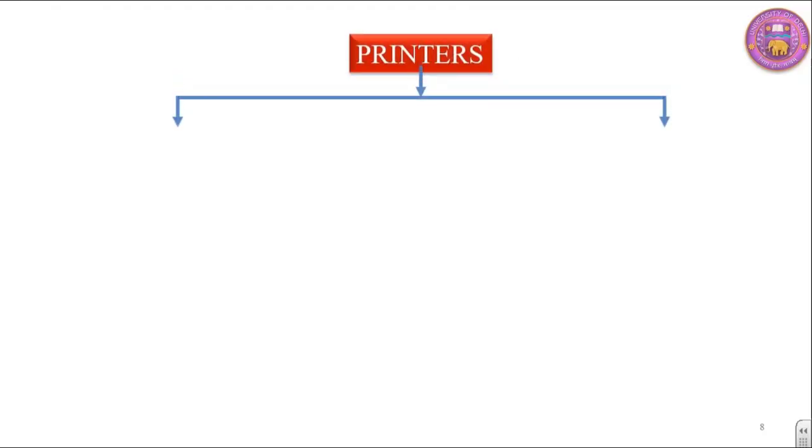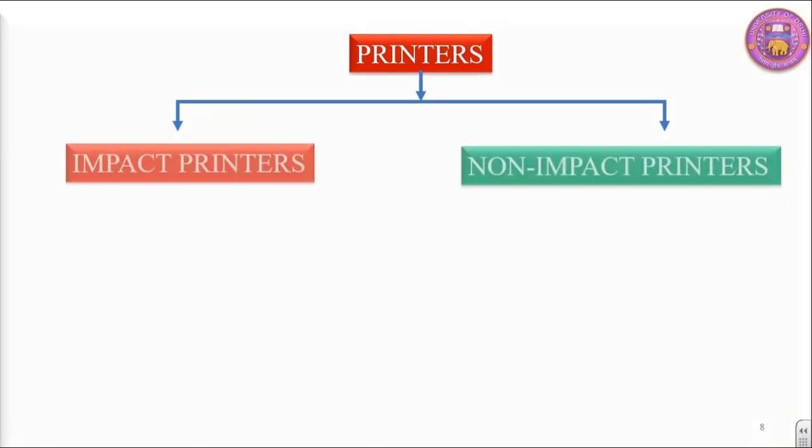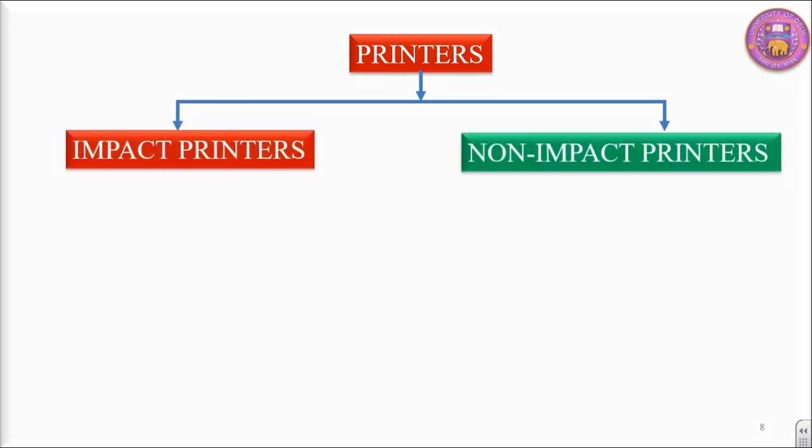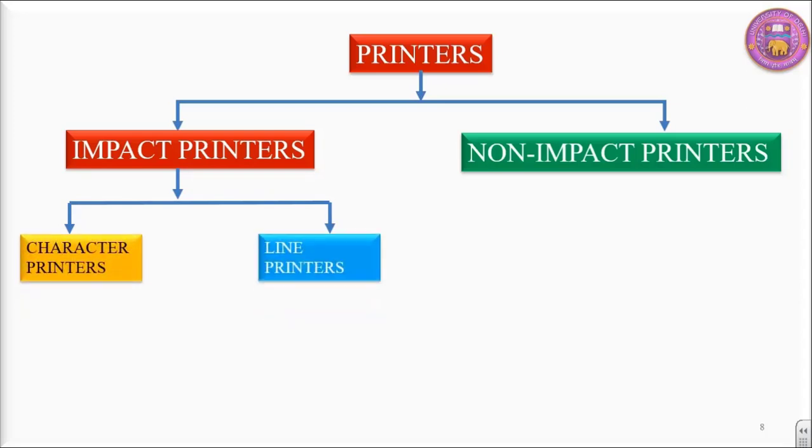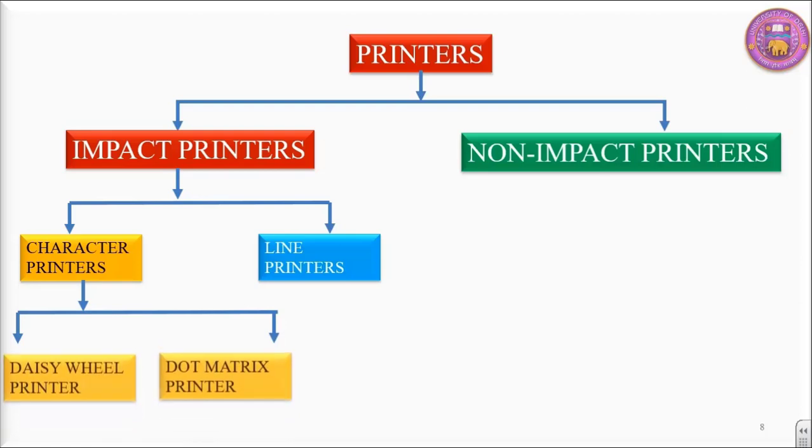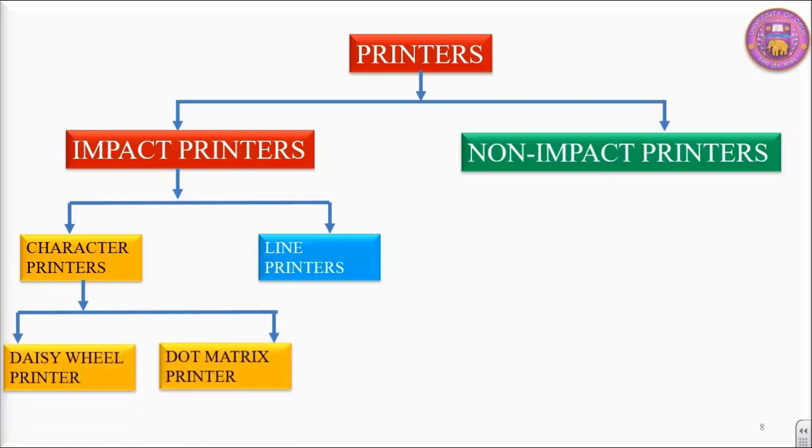Printers. All printers can be divided into two parts. The first is impact printers and the second is non-impact printers. Again, impact printers can be divided into two parts, character printers and line printers. Character printers can further be divided into two parts. First is daisy wheel printer and the second is dot matrix printer.